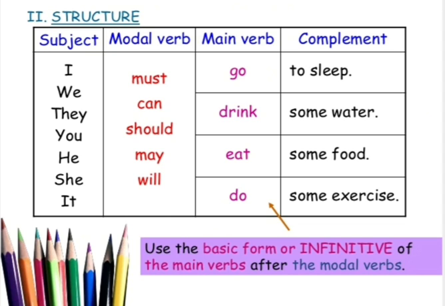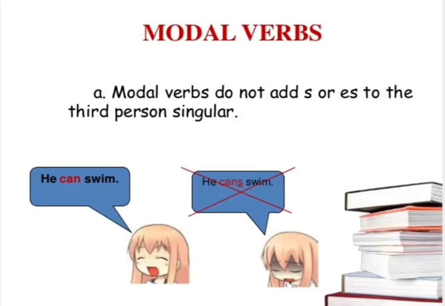eat some food. So you can see we use subject plus modal auxiliary verb plus main verb, and the main verb we will use in the first form, and complement, subject complement. So modal verbs do not add s or es to the third person singular.